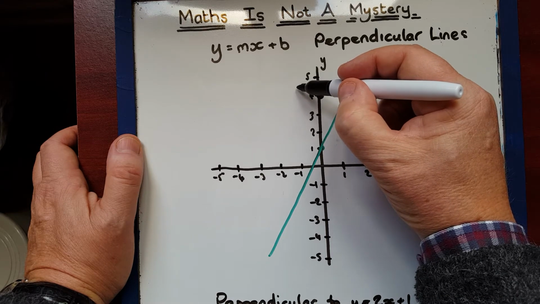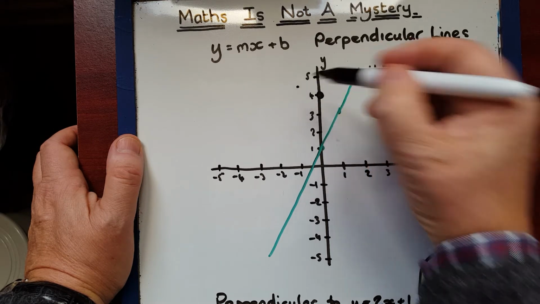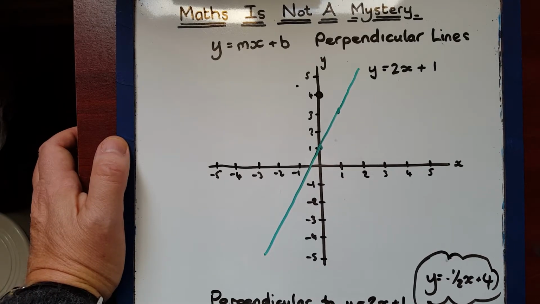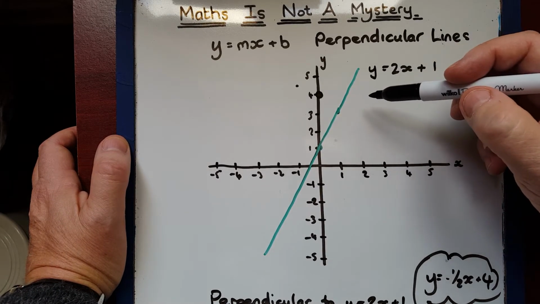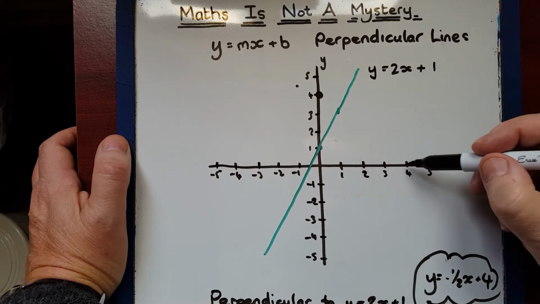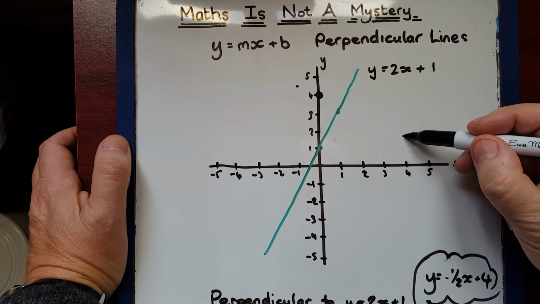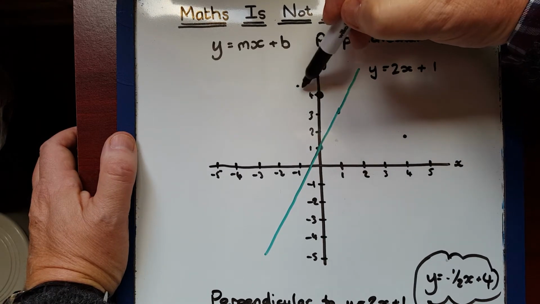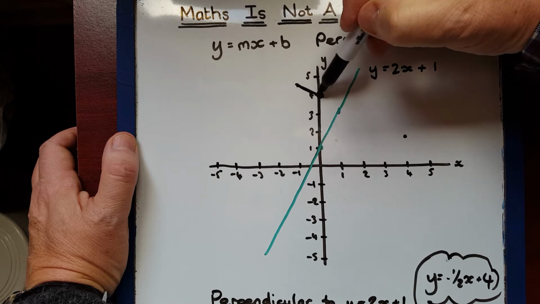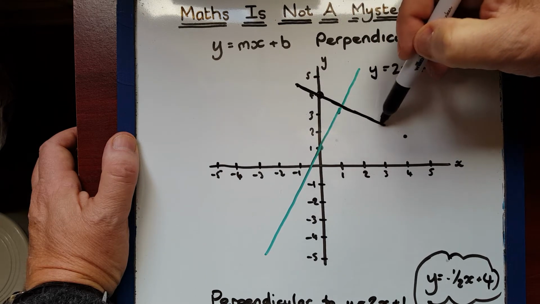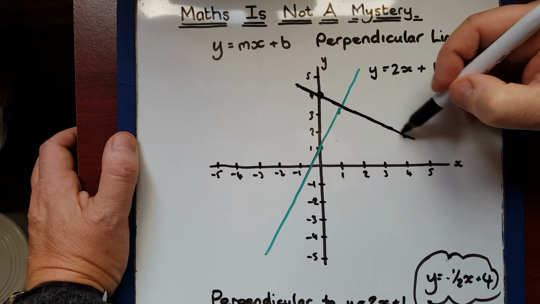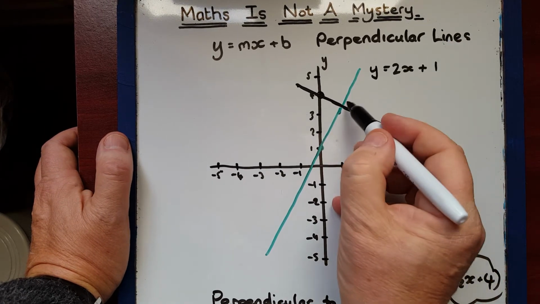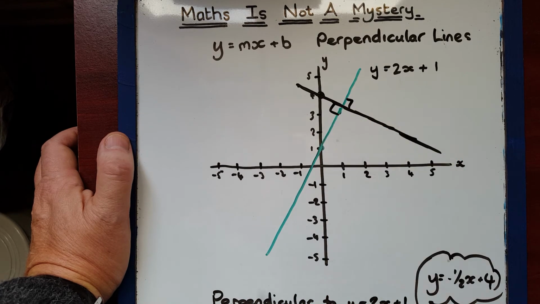So across 1 approximately and up a half is going to be there. And it's going to pass through that point that we said was 4, 2. So 4 along, 2 up is there. If we draw that, apologies that I don't have a ruler, and we try to make it go across as neatly as we can, I think you can see that we have a perpendicular line with right angles in those corners.